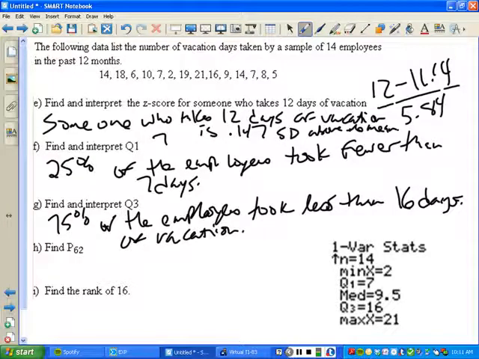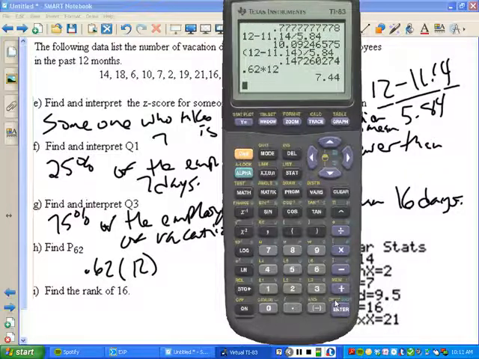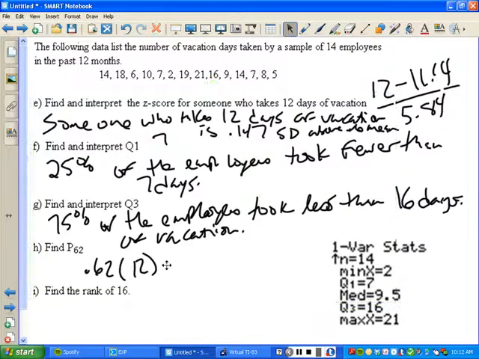All right, how do we find P62? We're going to do 0.62 times 12. Again, we can use the calculator for that. 0.62 times 12, 7.44. Why 12? There's 14, I'm sorry.